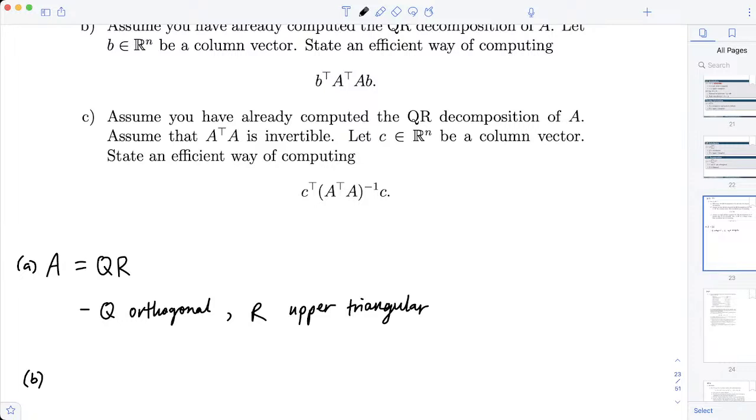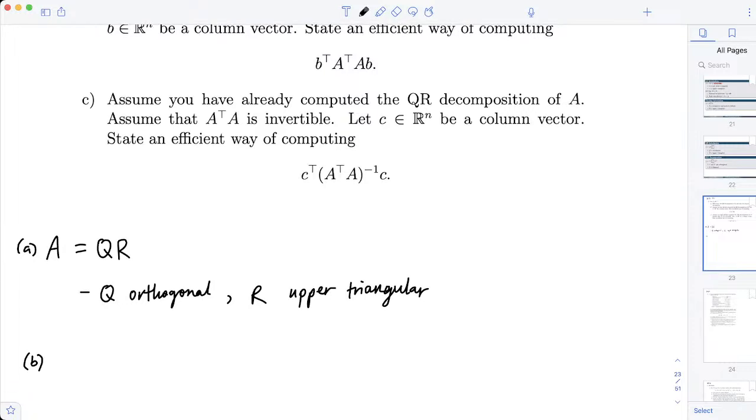How you go about doing these questions is you start off with the thing that you have to compute and you substitute all the A's with QR instead.